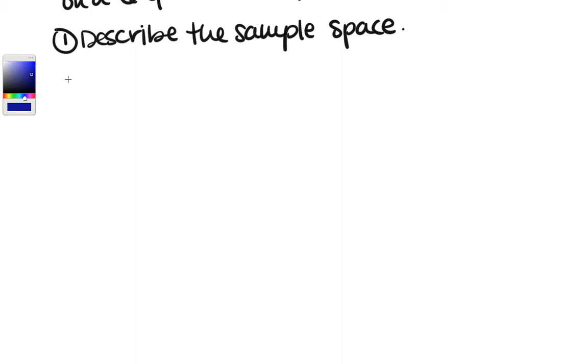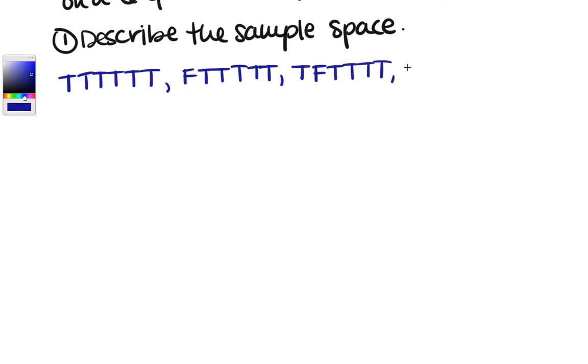So they could be all true. You could have 1 false and the rest true. And that false question could be the first one. It could be the second one. It could be the third one.